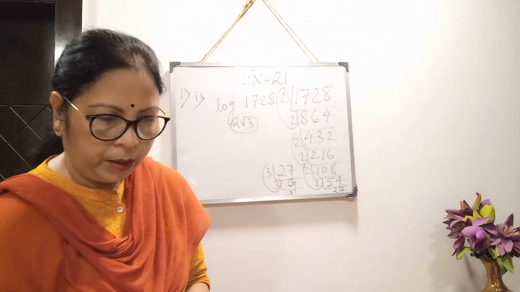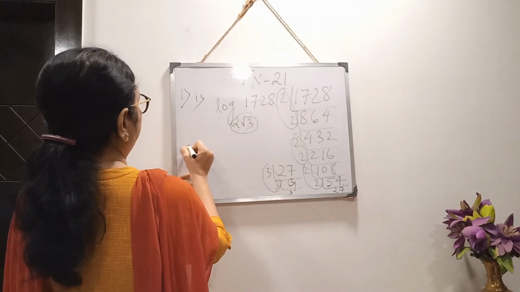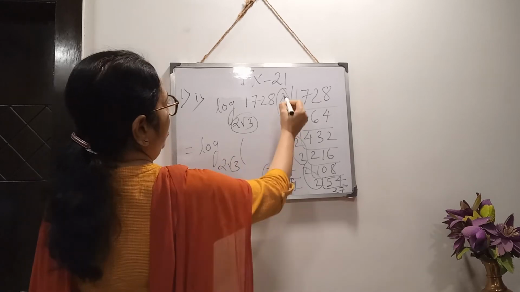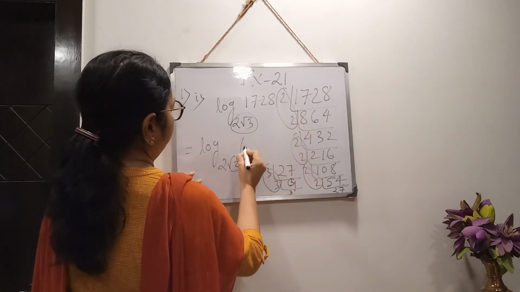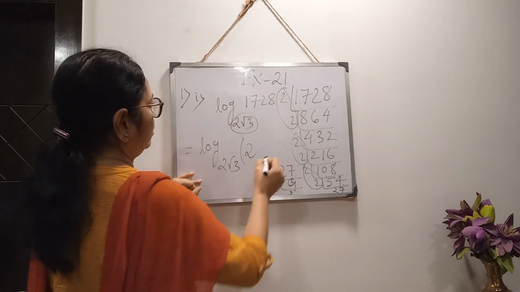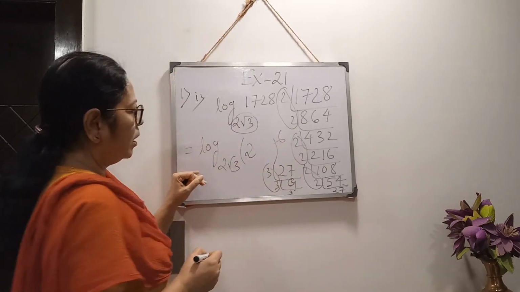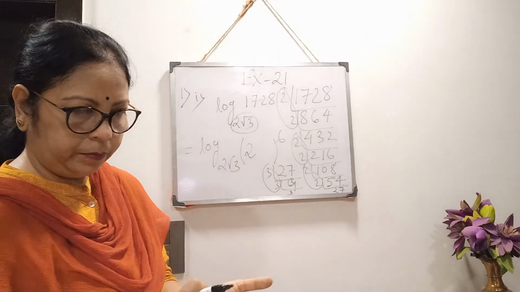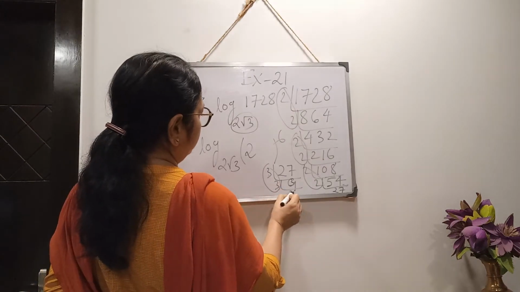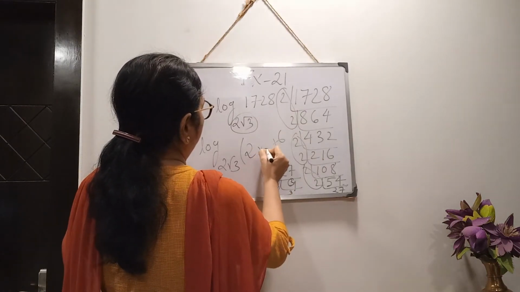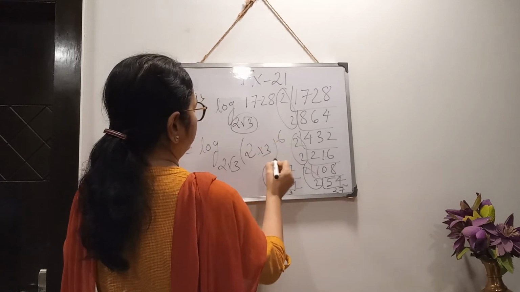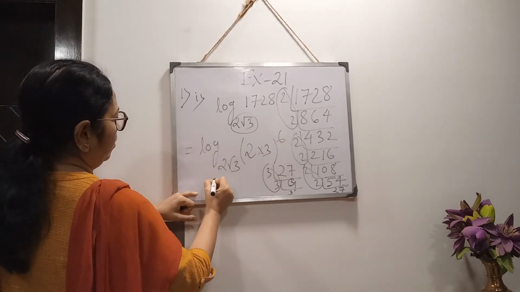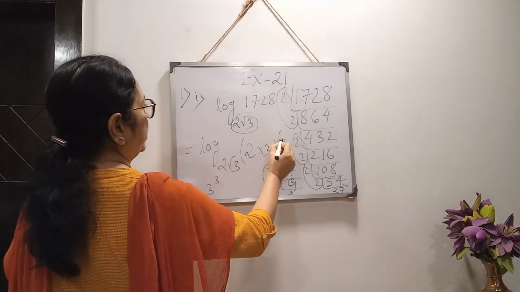Okay, so we can write this as, see, I will explain. First I am writing 2 with 1, 2, 3, 4, 5, 6, so the power is 6. Clear? And there is 3 cube, 3 times coming. So I have got 3 cube, but I have to make it 6.